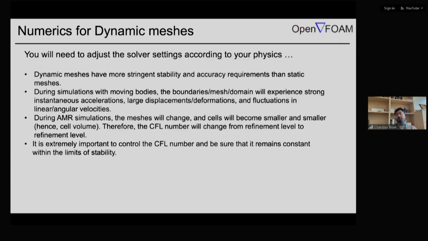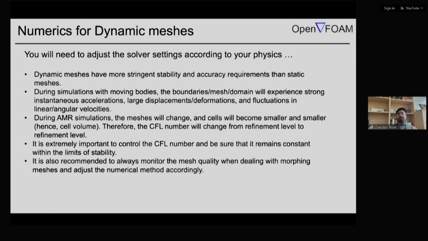It's extremely important to control the CFL number and be sure that it remains within the limit of the stability. So if you are aware that for most of the CFD schemes like PISO, SIMPLE, PIMPLE, we need a CFL number of less than 1, which leads to a converged solution.